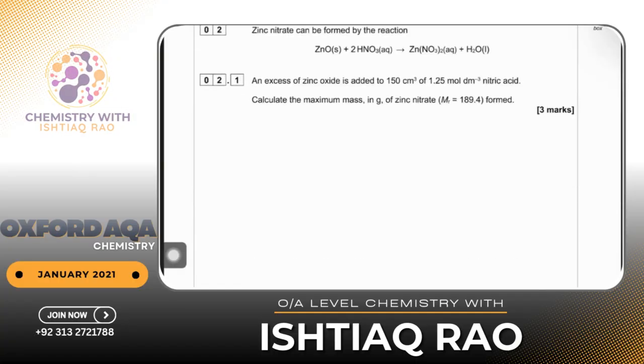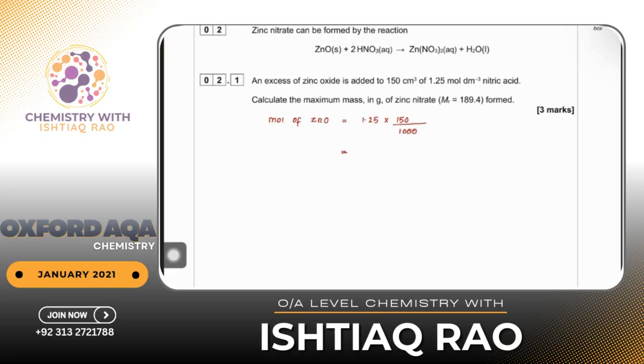Maximum mass. Okay. Nitric acid volume and concentration is given, so I can calculate the moles of ZnO. Concentration times volume, where volume should be in decimeter cube, so divided by 1000.